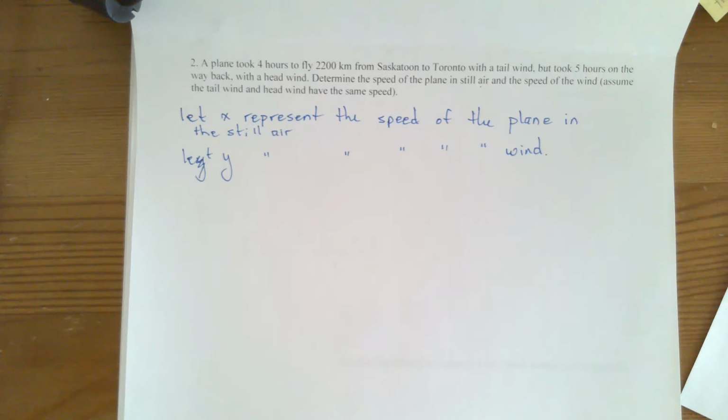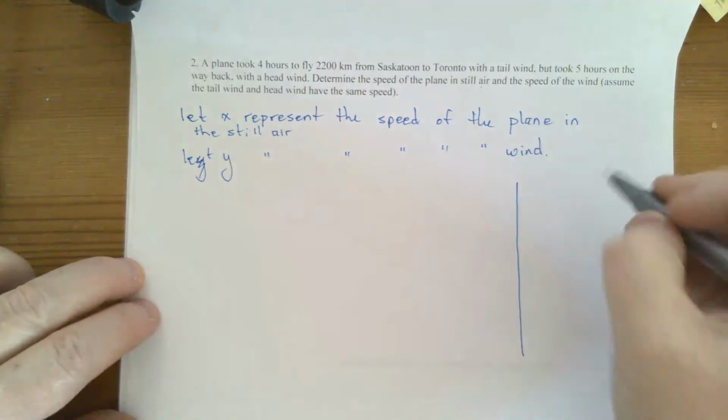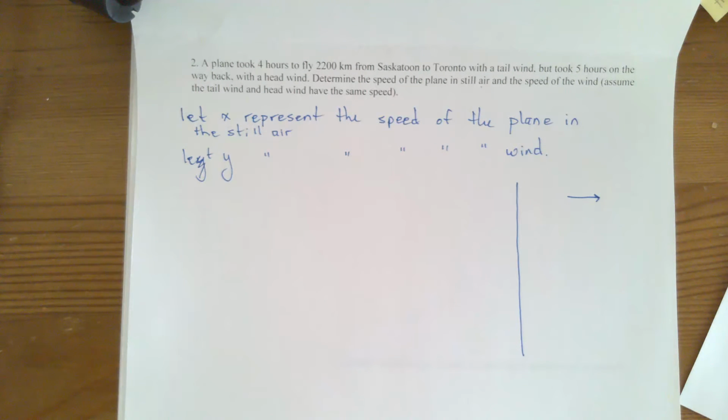Before we do that, I just want to go over a little bit about what it means when we're talking about tailwinds and headwinds. Our plane is flying at a certain speed, and if there's a tailwind, that means the wind is behind you and it's pushing the plane.